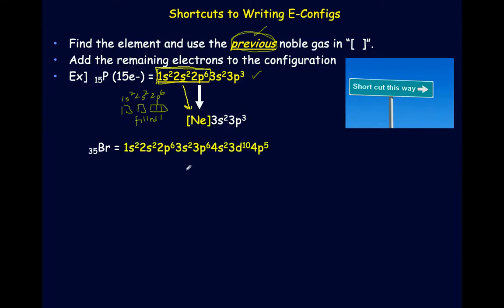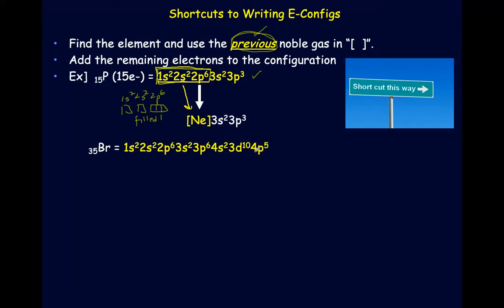Another example is bromine. Bromine would be 1s2, 2s2, 2p6, 3s2, 3p6, 4s2, 3d10, and then we count 5 more to make 35. Again, this is a long configuration.